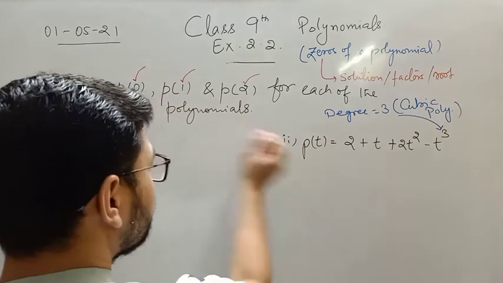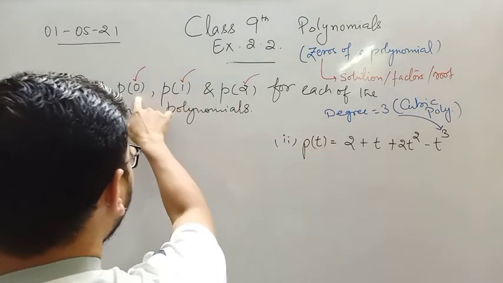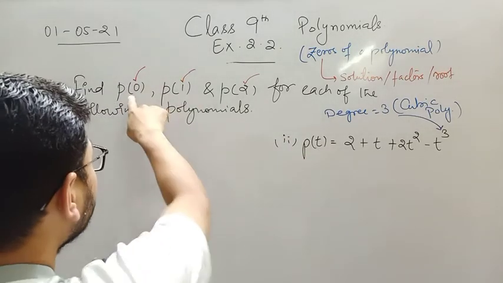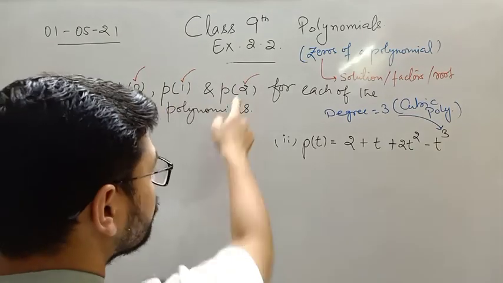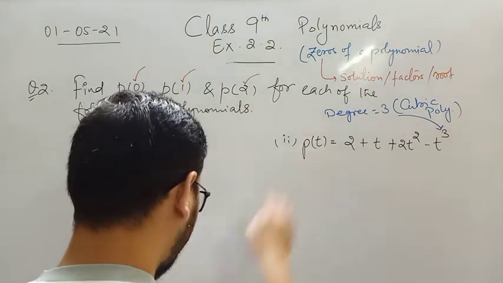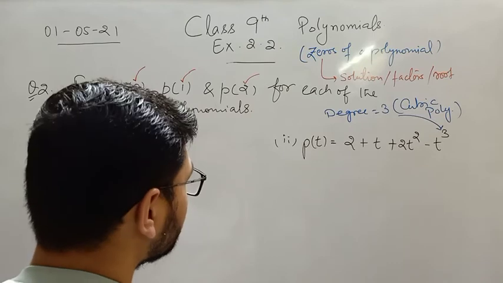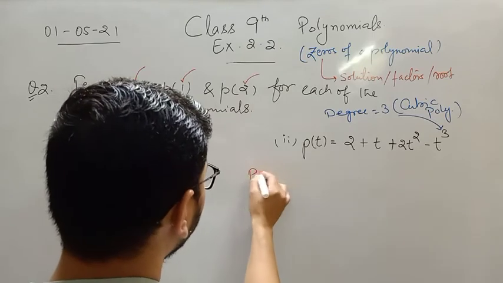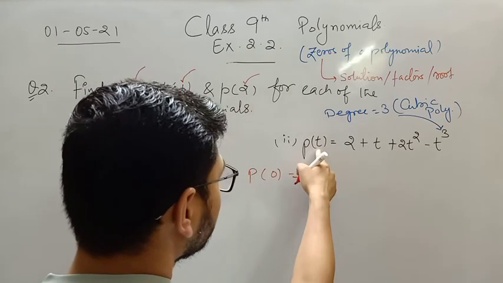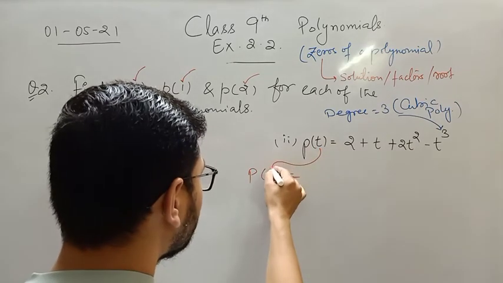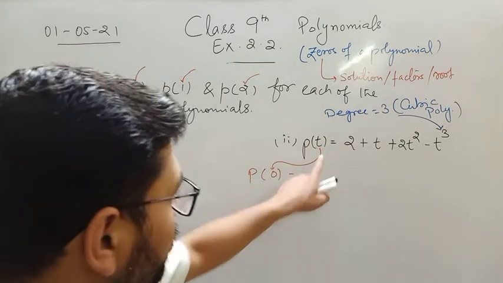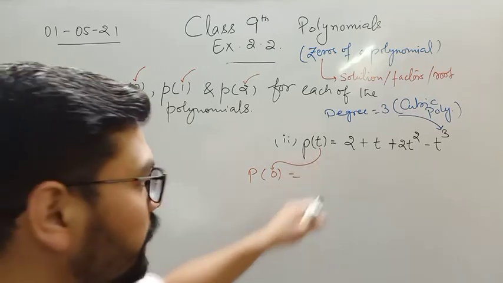Now the value of this variable is varying, is changing: 0, then 1, then 2. So you have varying values of p. Let's say first I'll take p0, that means t is equal to 0. Any doubt? t is equal to 0 for p of t.